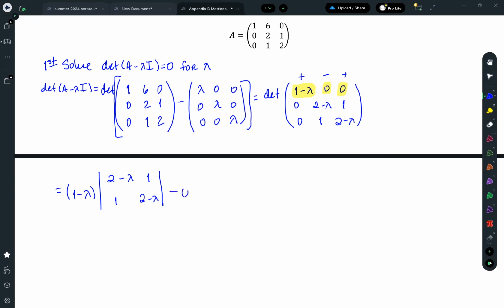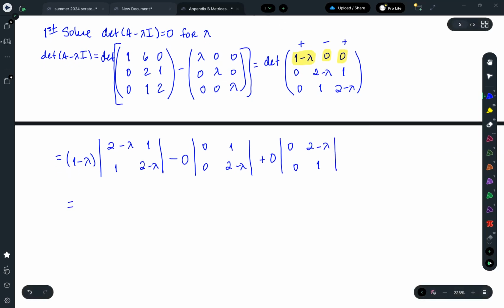Then we have minus 0. And I'll just write it out, but 0 times anything is 0. But the components inside of the 2 by 2 would be 0, 1, 0, 2 minus lambda. And then we have plus the third piece, so plus 0. And removing the column and row it's in would give us a 2 by 2 of 0, 2 minus lambda, 0, 1.